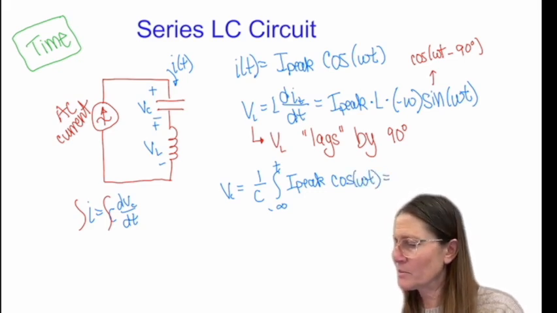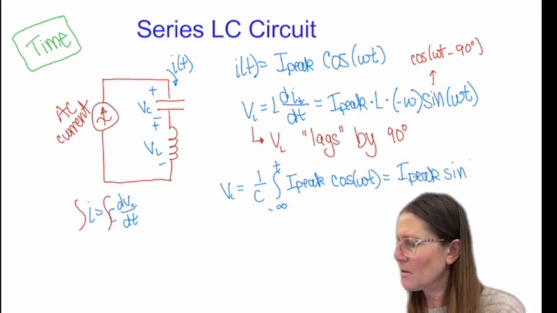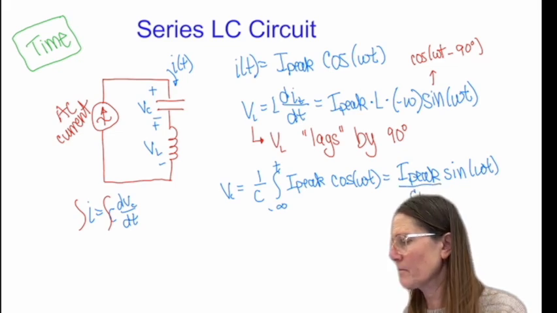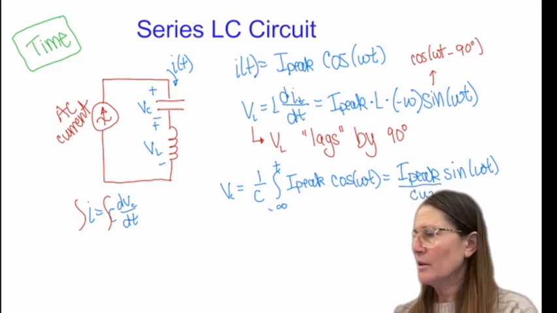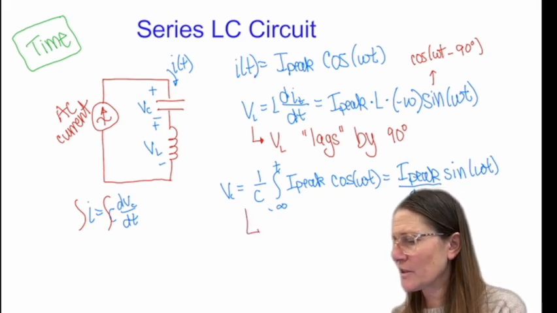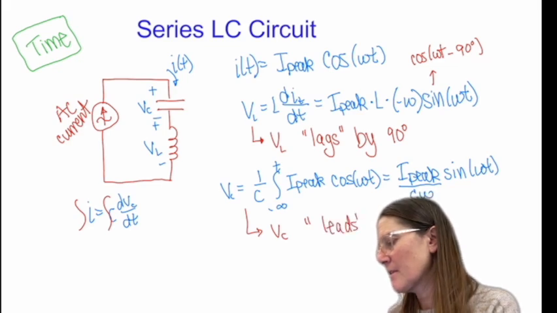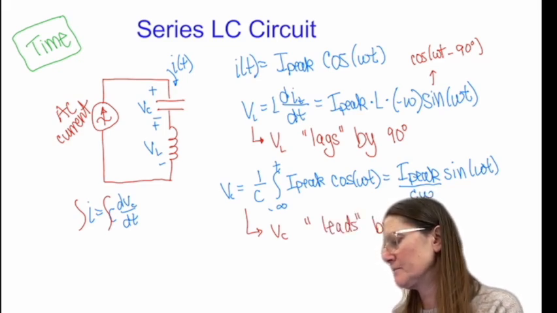And this becomes I peak over C omega. So for this one, we say that VC leads by 90 degrees.